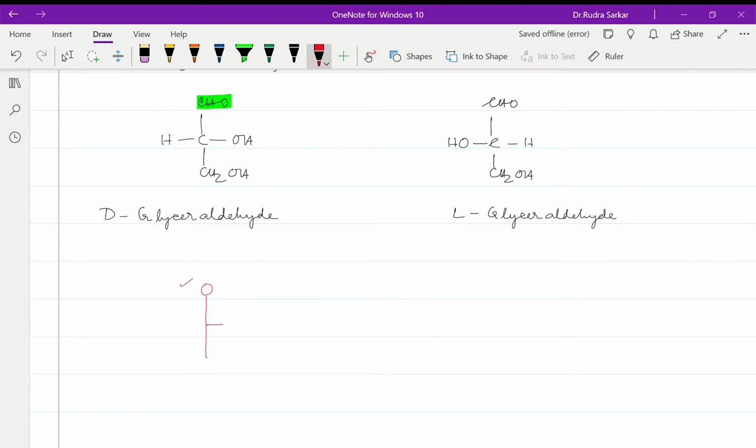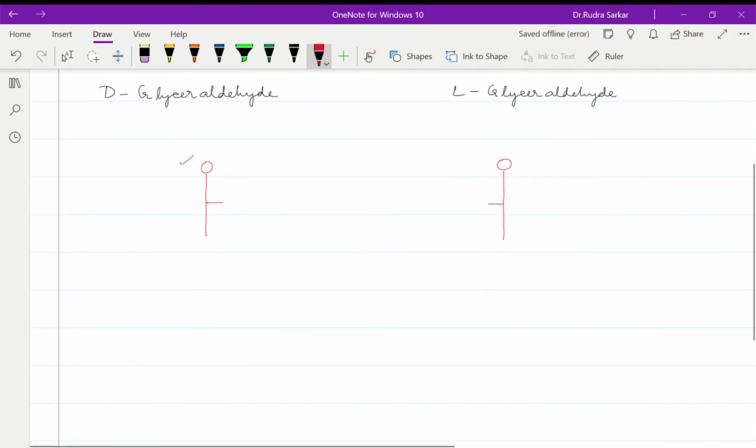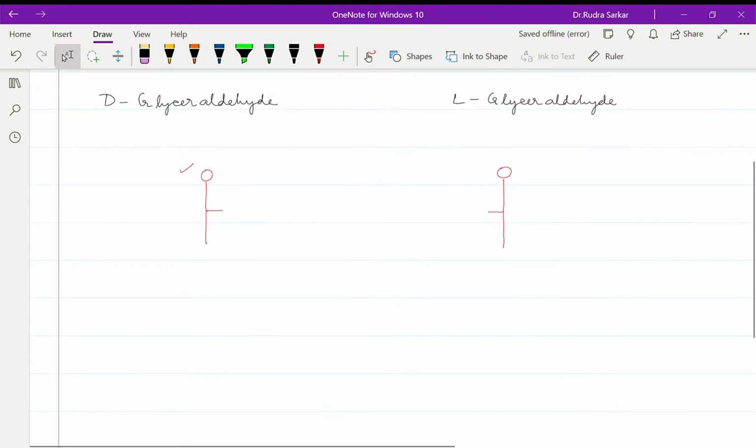So if this is the D-glyceraldehyde, the structure for the L-glyceraldehyde will just be a mirror image of the D-glyceraldehyde, wherein the OH group is placed on the left hand side coming out from the vertical line. Over here, we will say carbon 1, that is carbon 2, and that is carbon 3. As simple as that. So this is basically a shorthand representation of an aldotriose.